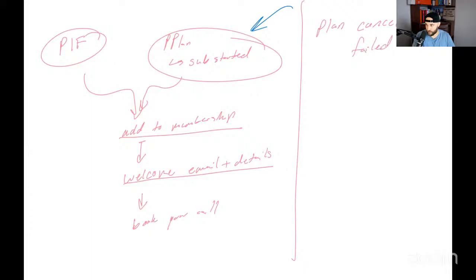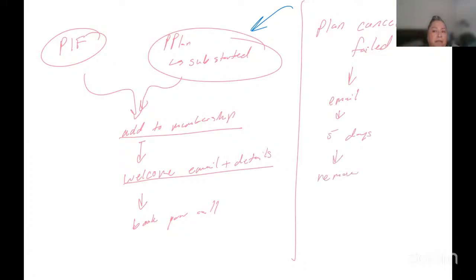Basically the payment plan has been canceled or has failed. What you're going to do is remove from membership. Or if you want to be more lenient, you can email, hey, your payment has failed, every day for 5 days, and then after 5 days, remove from membership.